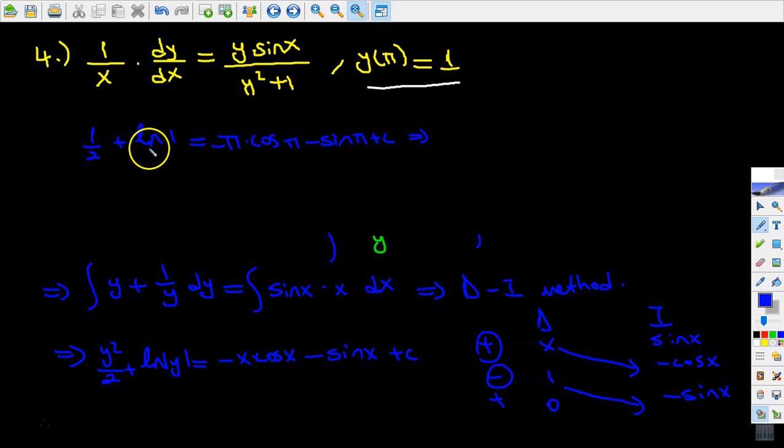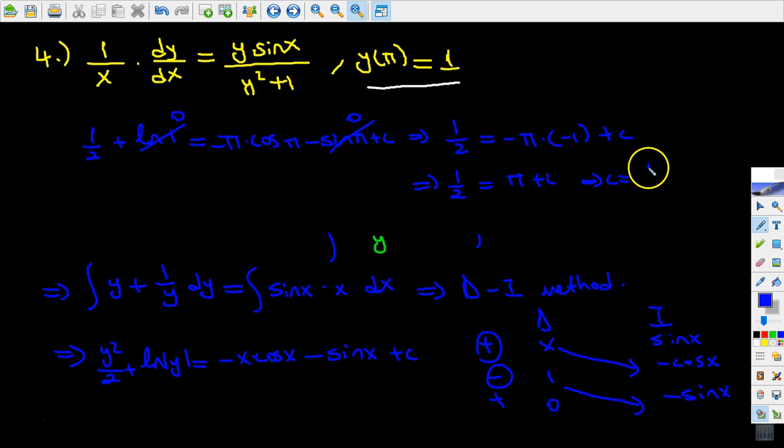We know that natural log 1 is 0, so it's going to be just 1/2 equals negative pi times, we know that cosine pi is negative 1, so negative 1. And we know that sine pi is 0, so it's going to be plus c. So from here, 1/2 equals pi plus c. So c is going to be equal to 1/2 minus pi. That's going to be the value of c.